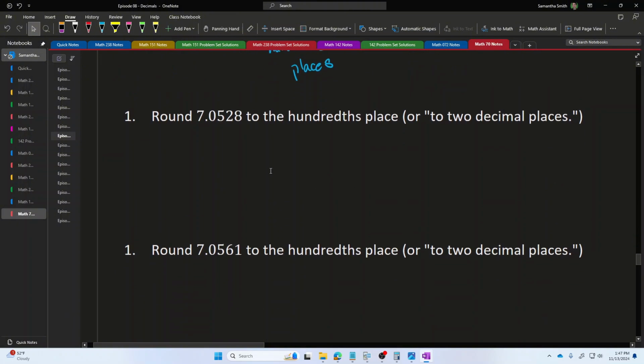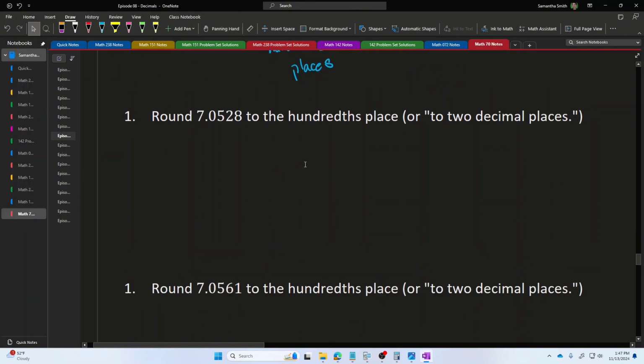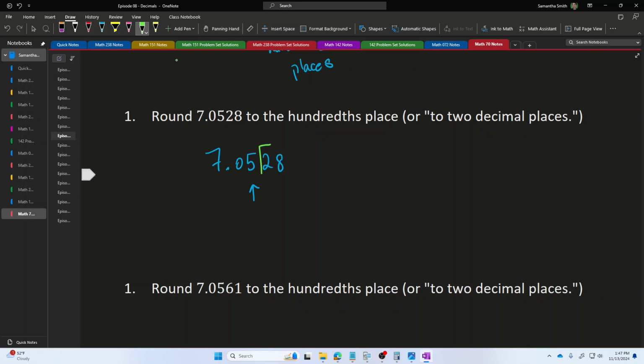What if somebody said round 7.0528 to the hundredth place? Once again, I'm going to go into my number, locate the hundredth place, and look one step to the right of that.